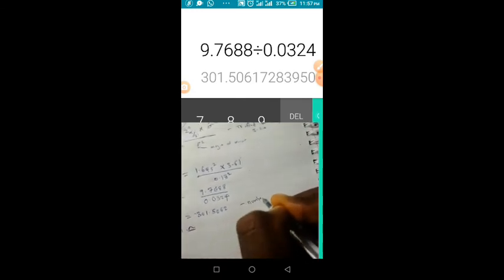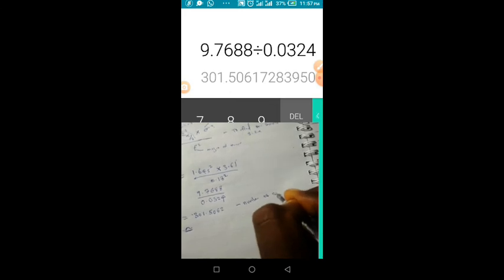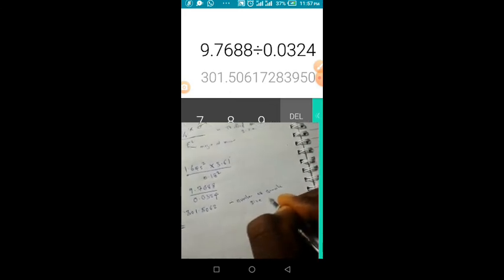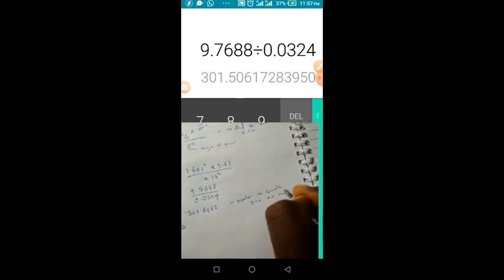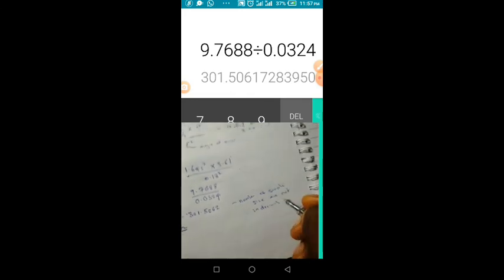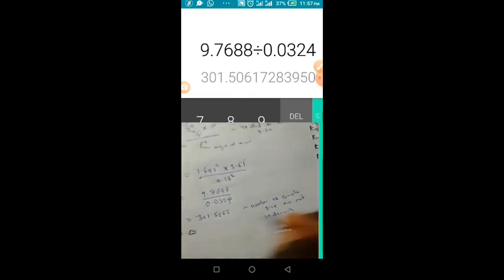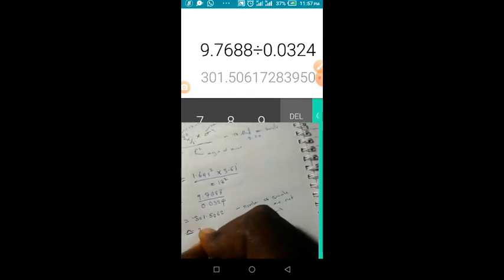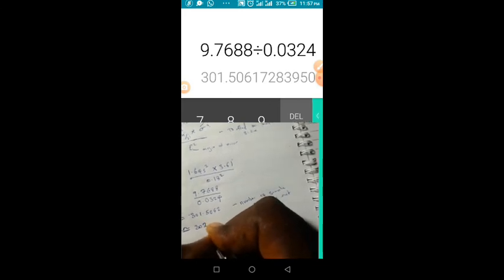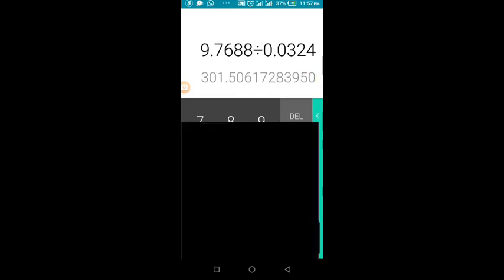Number of sample size are not in decimal, so now you have to round it off. That'll be 302. That's the answer.